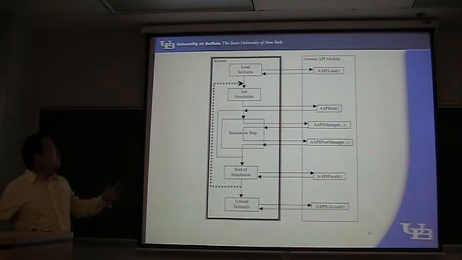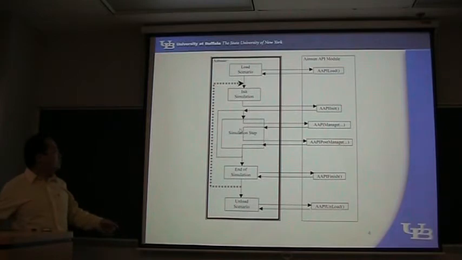In other words, when you use MSum to load your network, this function will be executed once when it's loaded. Now, after MSum initialized the simulation, this function will be called.